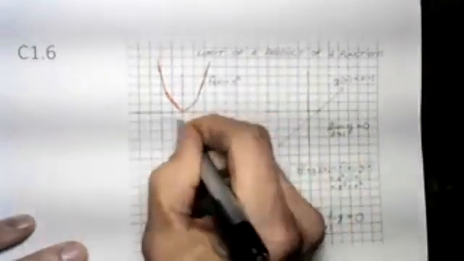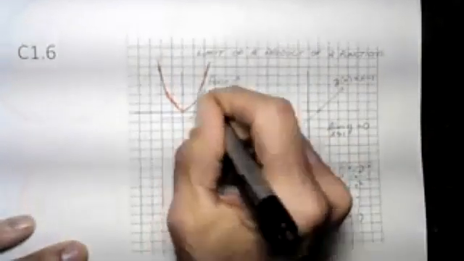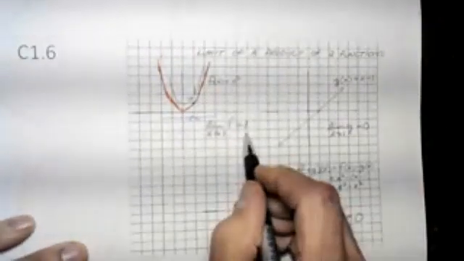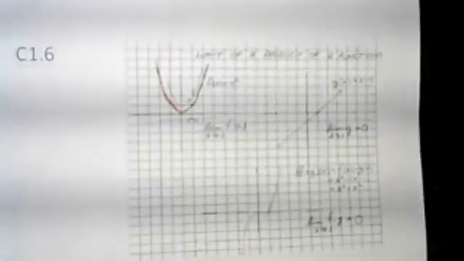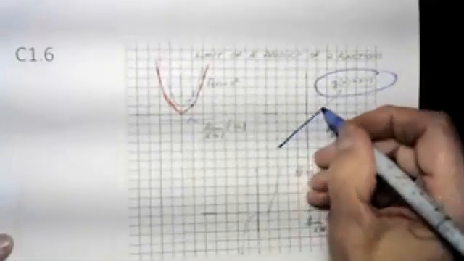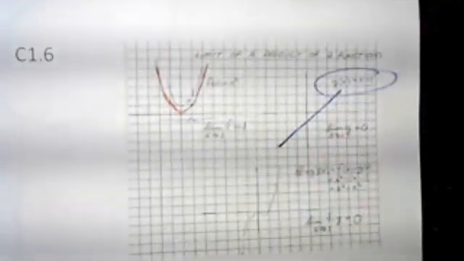As x comes in to 1, the function also comes in on 1. The second function I've selected is x minus 1. This blue line right here is x minus 1.